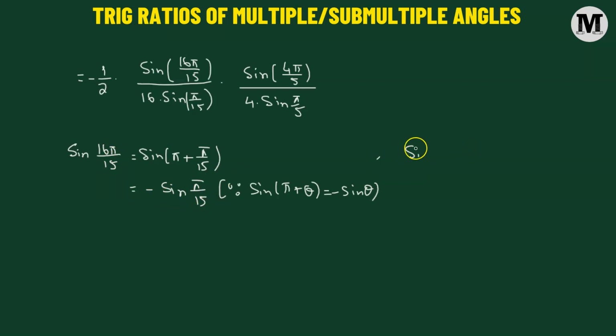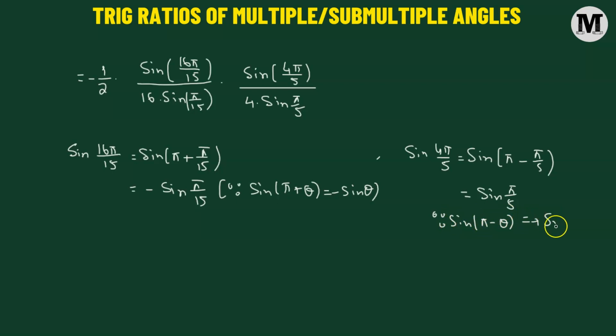And then we have sine 4 pi over 5. This can be also expressed as sine of pi minus pi over 5, which will be equal to sine pi over 5. So here we have used the fact that sine of pi minus theta will be positive sine theta. Or in other words, we can say that sine 4 pi over 5, that's equivalent to sine pi over 5.